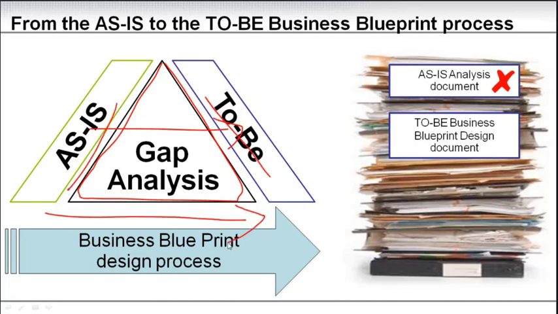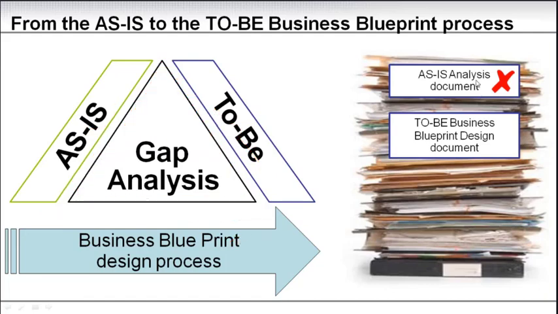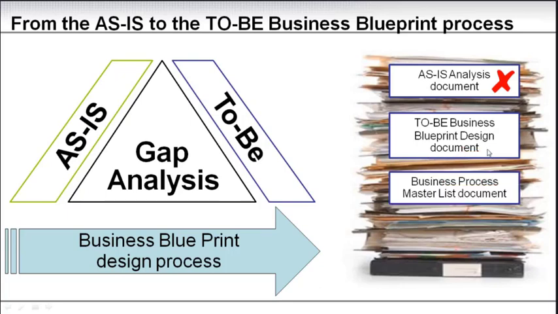The process itself and the approach is the business blueprint. And the output, which we started on listing here, is the as-is analysis document, which might or might not be an official deliverable or a project deliverable. The to-be business blueprint design document is a must. In addition, the output of the gap analysis is a business process master list document.